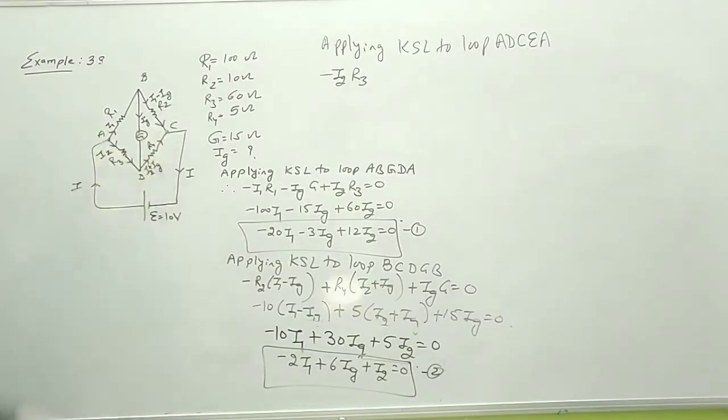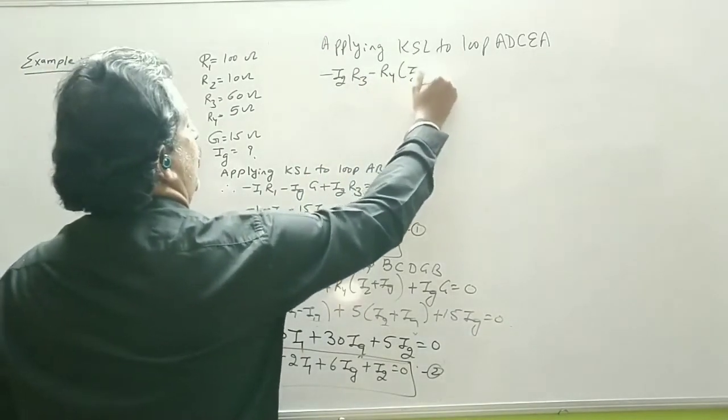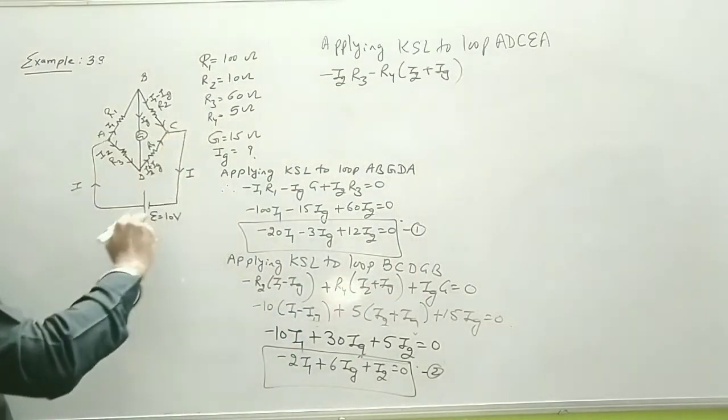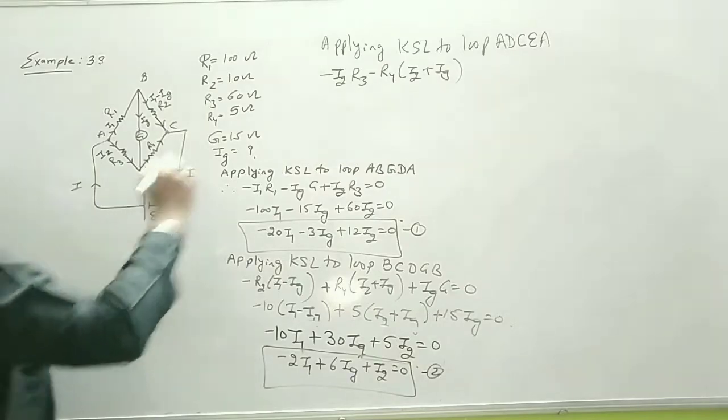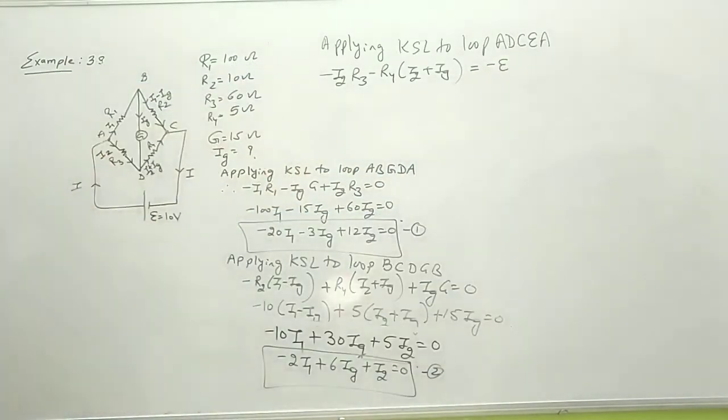Again in the direction of current, minus R4 times I2 plus IG. Coming out from the bridge, we get the minus terminal first, so on the right hand side I will write minus E.